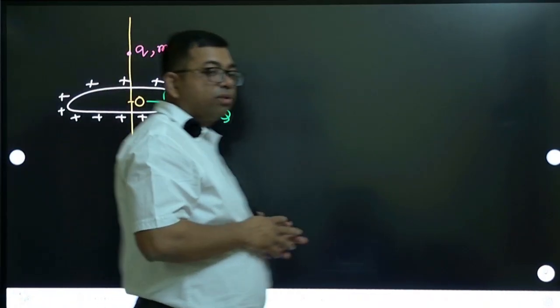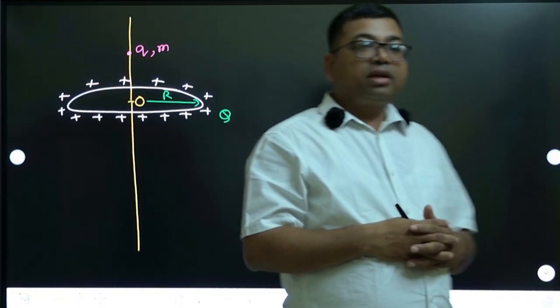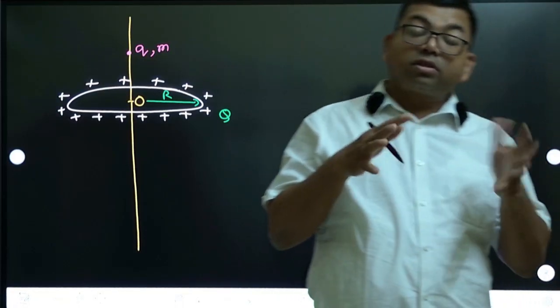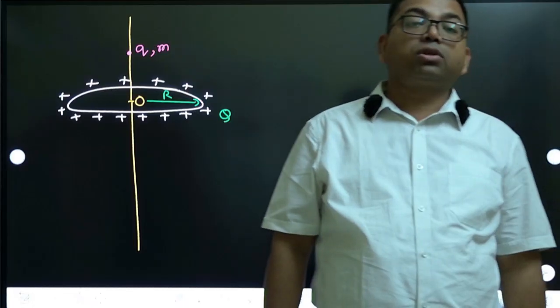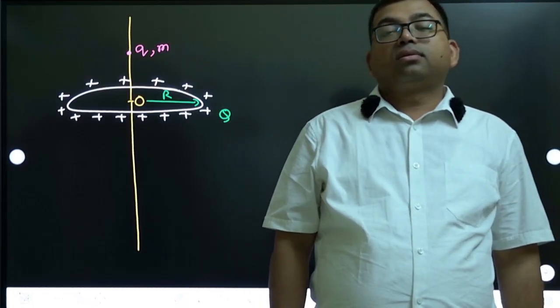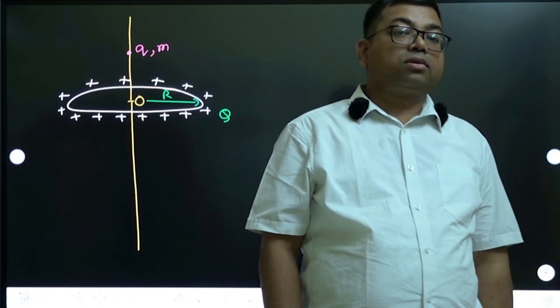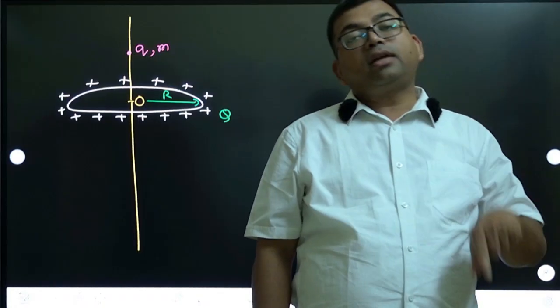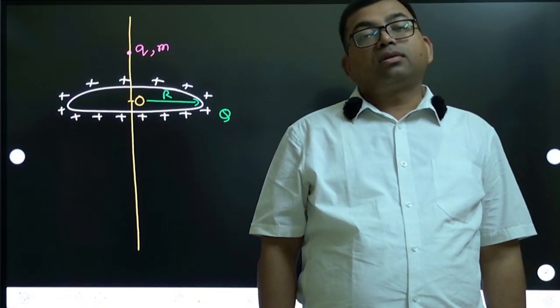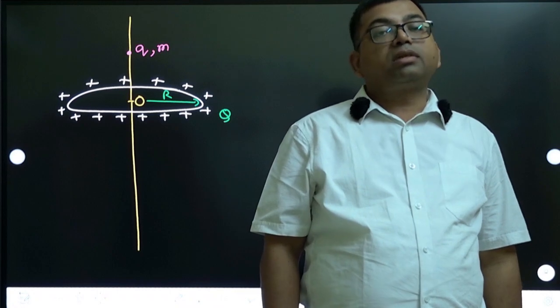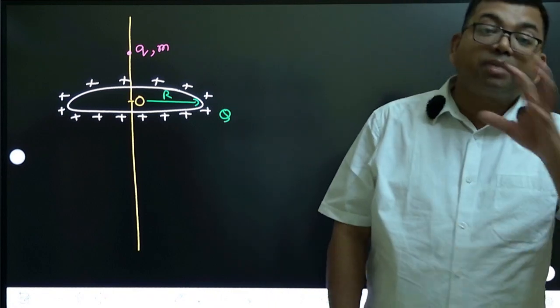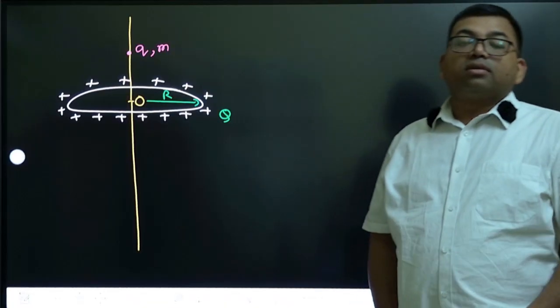Right now it is in equilibrium, and if you disturb it from that equilibrium position, what will happen? The question is whether that equilibrium is stable or unstable. What kind of equilibrium is it? Think about it.